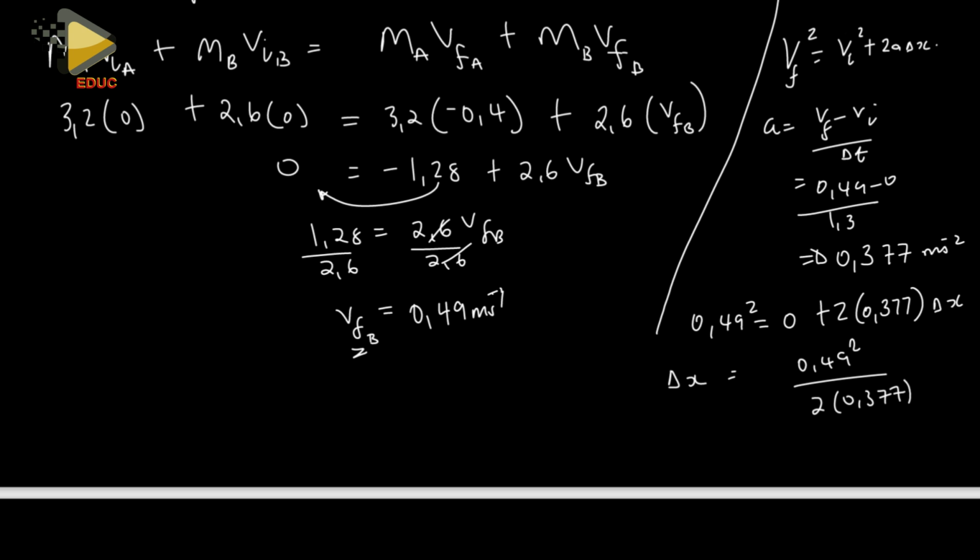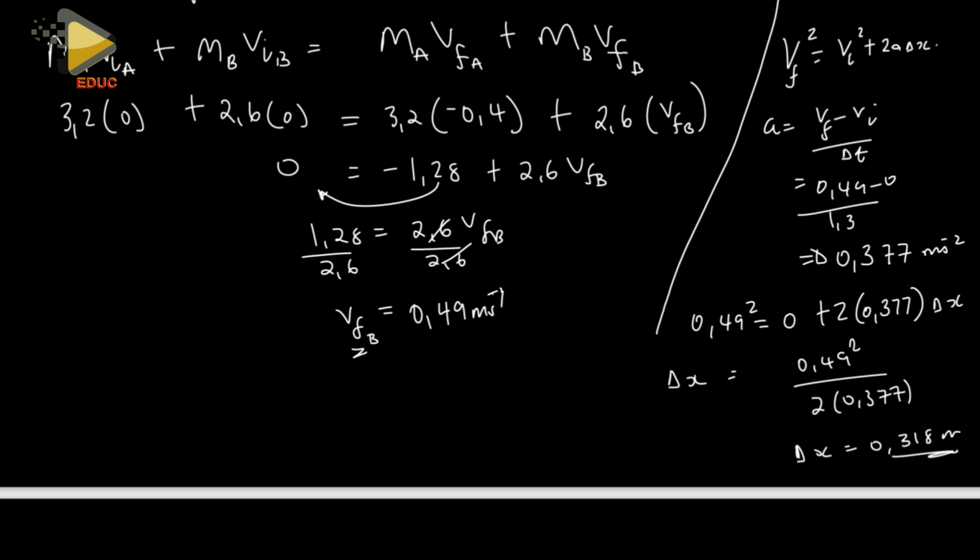Okay, 0.49 squared, dividing it by 2 times 0.376, I get 0.318 meters. This is one approach.